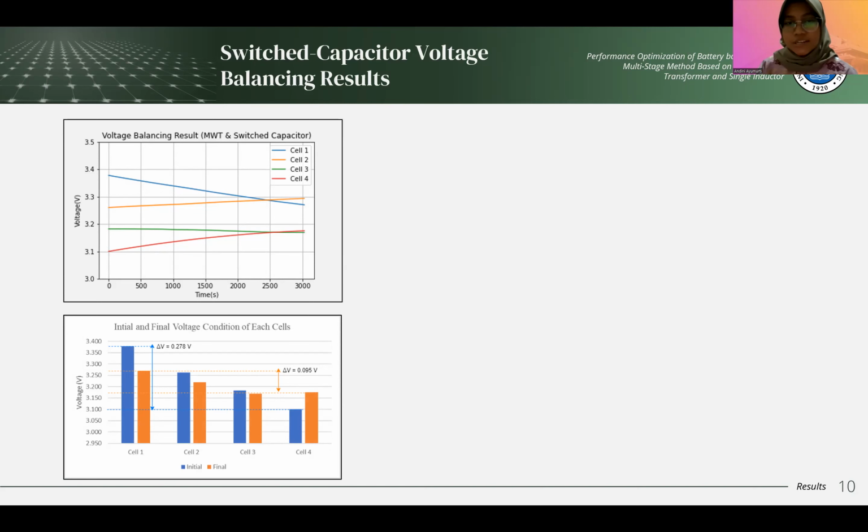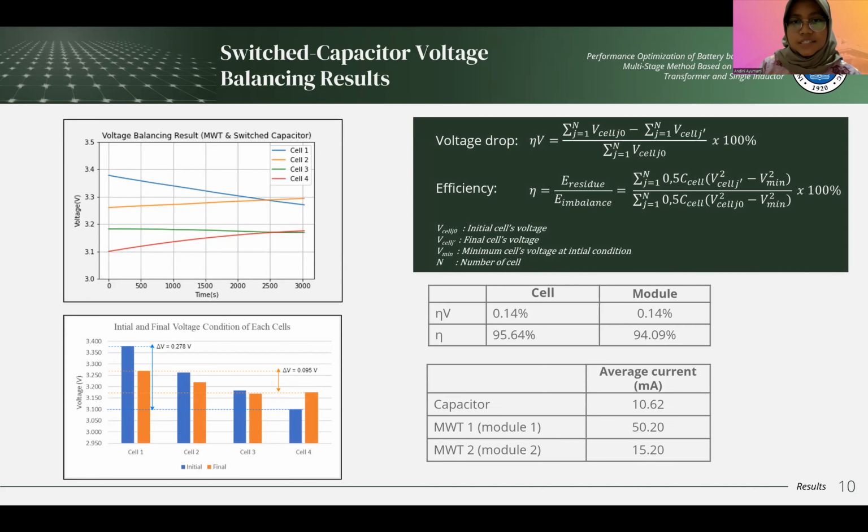We did the same analysis of voltage drop and efficiency, and the results are around 94 to 95% efficiency and a voltage drop of around 0.14%.